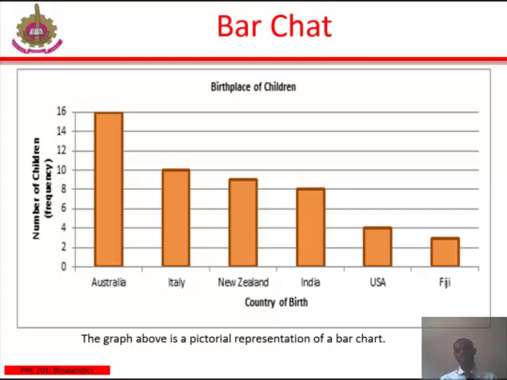Number two, the distribution of the data set is not important because the columns each represent an individual category or characteristic rather than intervals for a continuous measurement. Therefore, gaps are included between each bar, and each bar can be arranged in any order without affecting the data.